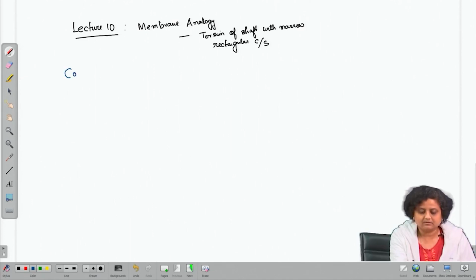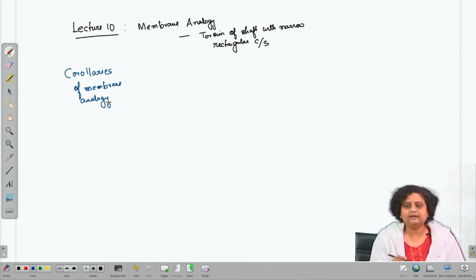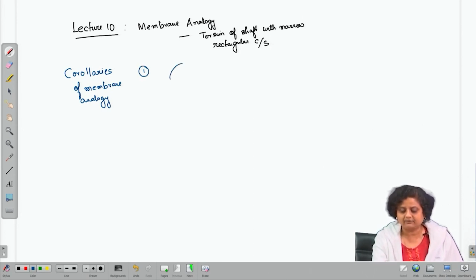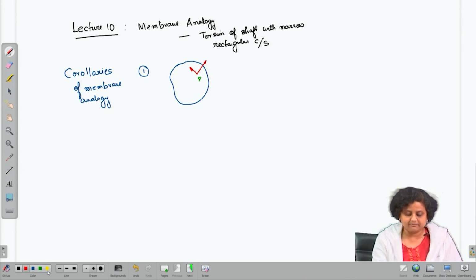The first one: if we have a shaft with arbitrary cross section and we select any point P on the cross section, then the resultant of the shear stress at that point P is 0 in the direction tangential to the contour passing through that point, and the entire resultant is in the normal direction to the contour of that analogous membrane passing through the point.